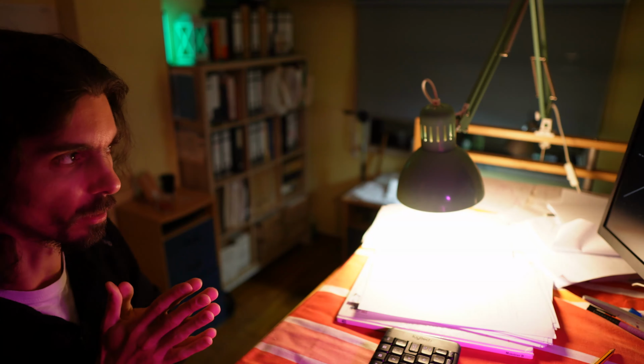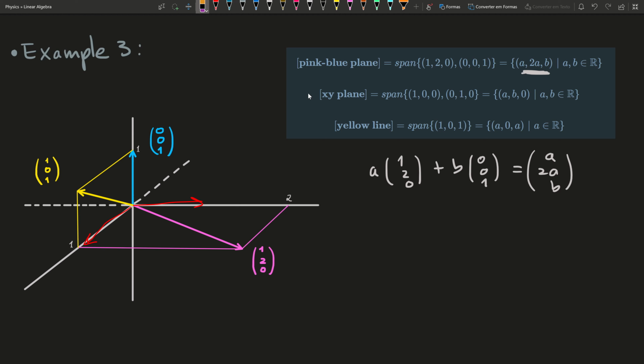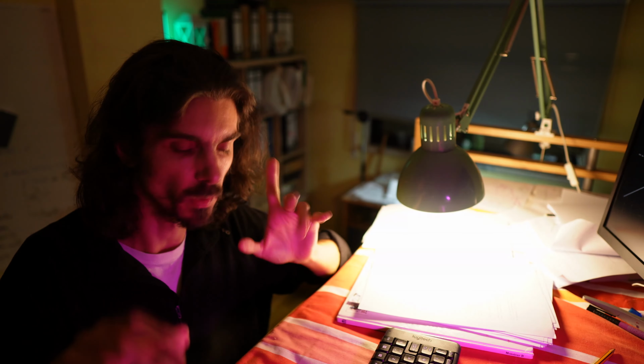Now, these examples of vector spaces and vector subspaces show us something important. Consider the following subspaces of R3, namely the xy plane and the vertical axis. Just focus on those two.